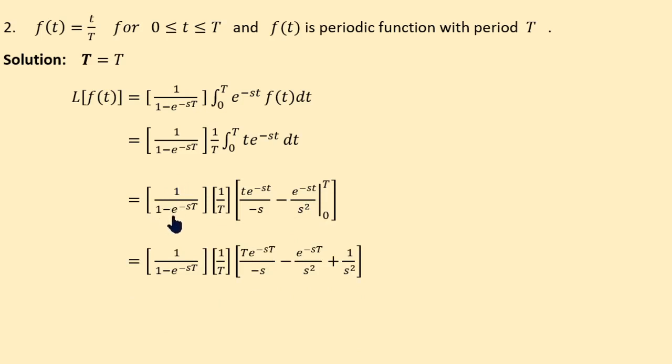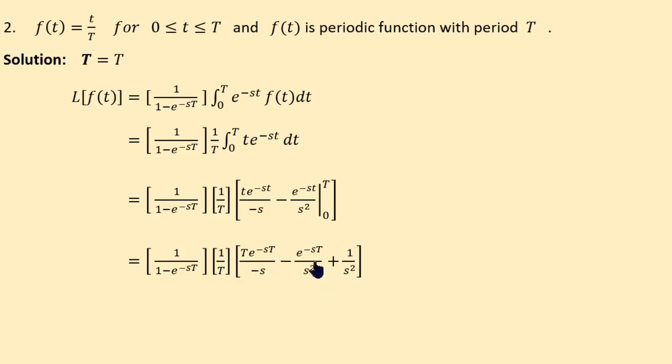So, 1 by 1 minus e power minus s capital T, into 1 by capital T, into T e power minus s capital T by minus s, minus e power minus s capital T by s square, plus 1 by s square.